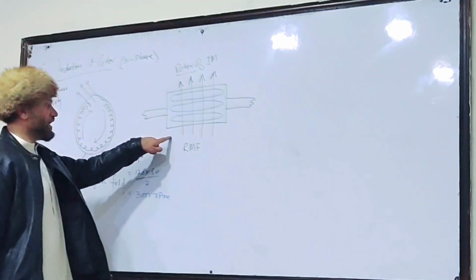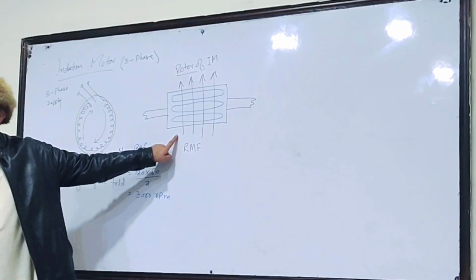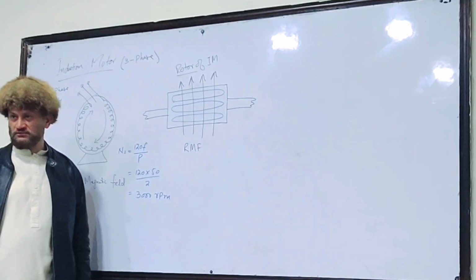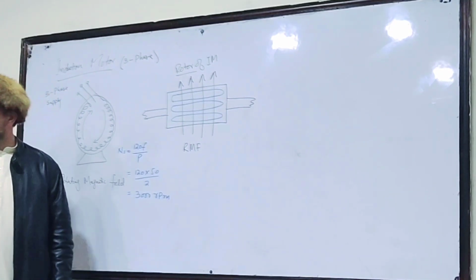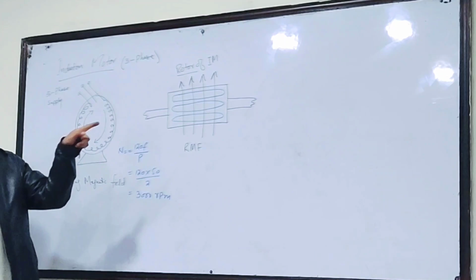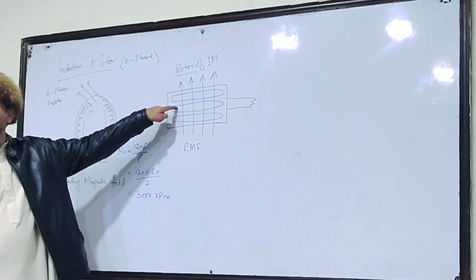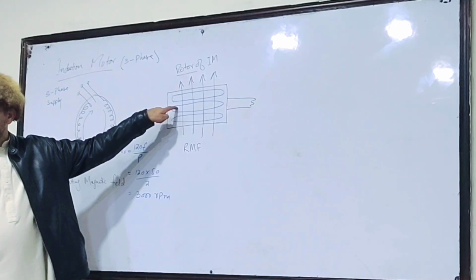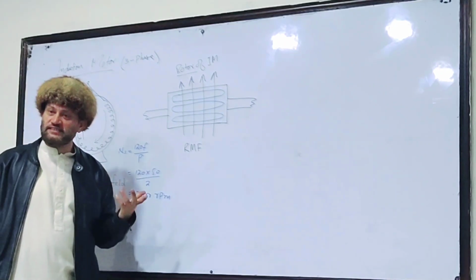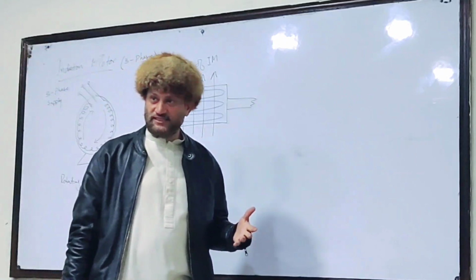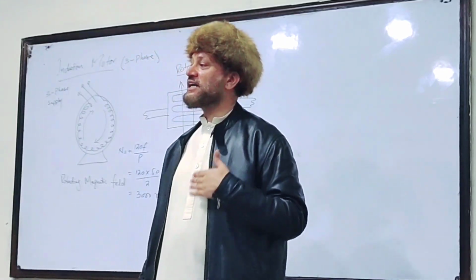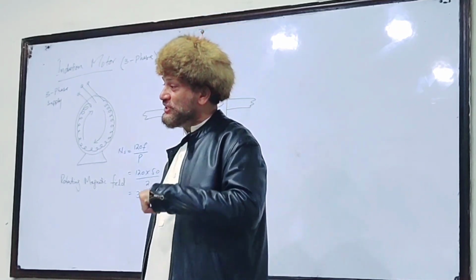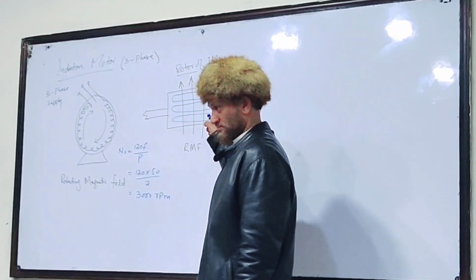When these bars are cut by the magnetic field, what will happen to these bars? EMF will be induced in these bars according to Faraday's law of electromagnetic induction. What does Faraday say? Faraday says whenever conductors are cut by a magnetic field, EMF will be induced in that conductor.